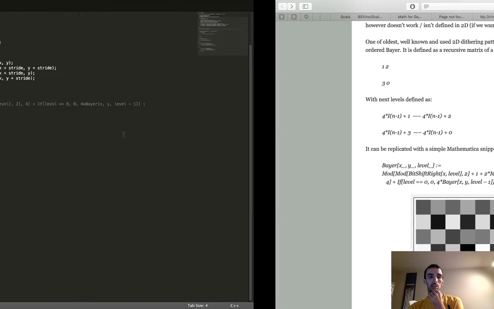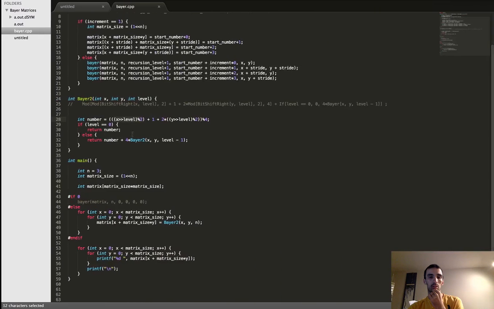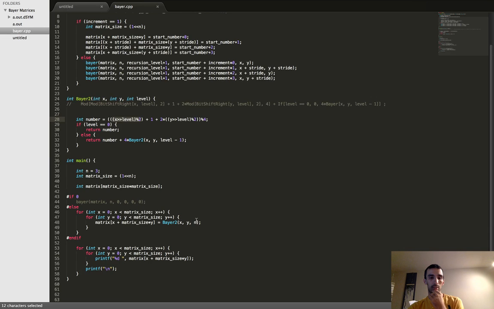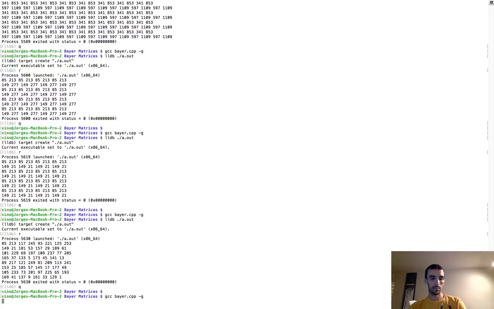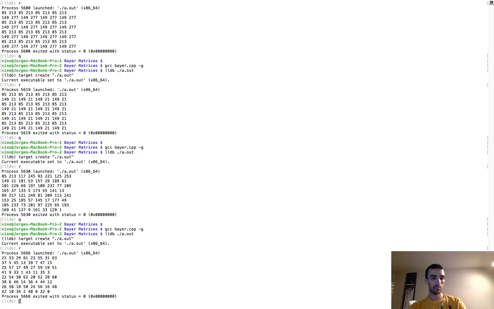So I still don't know what level to pass in here, but let's just try passing in n-1. I'm thinking that's it. That's probably it. Yep, that was it. 0, 1, 2, 3, 4, 5, 6, 7. Of course his process gives him a matrix in a different order, but it's all the same.